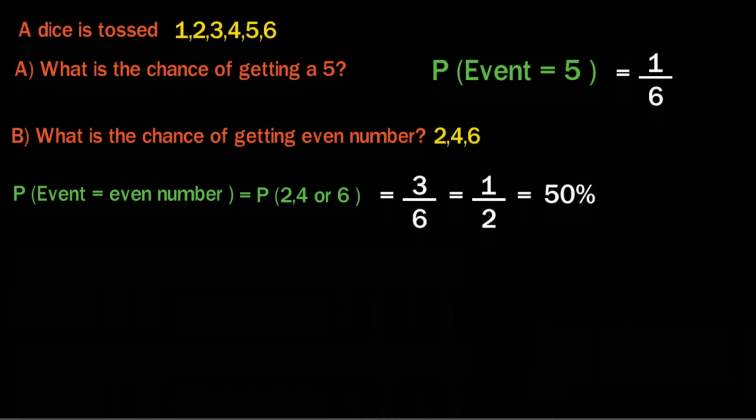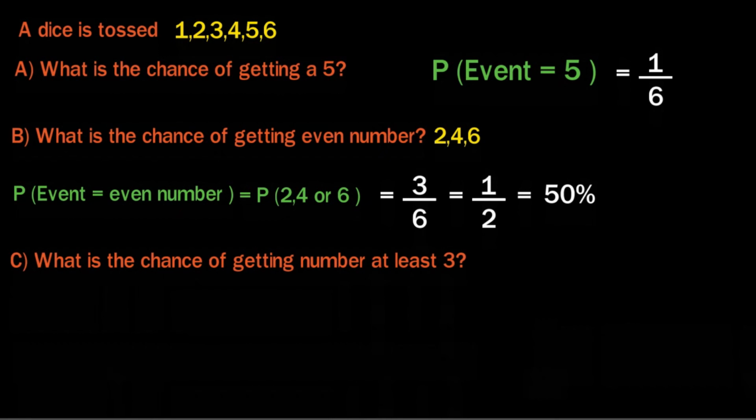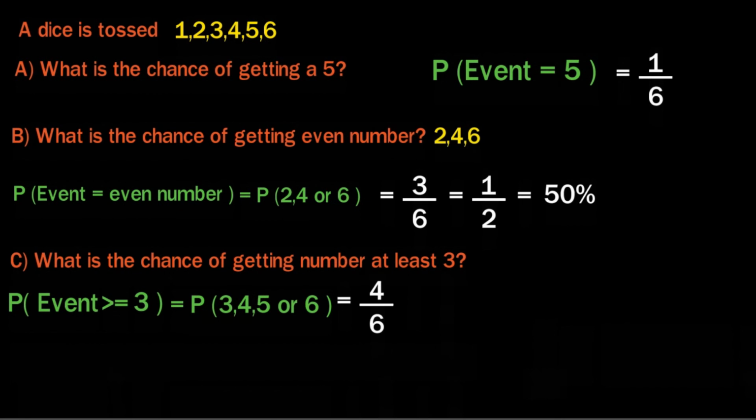Next, move on to the next questions. For question C, we have the chance of getting a number at least 3. For numbers at least 3, we have 3, 4, 5 or 6. So there are 4 possible outcomes out of the 6 total outcomes. So it will be 4 over 6, which is 2 over 3.